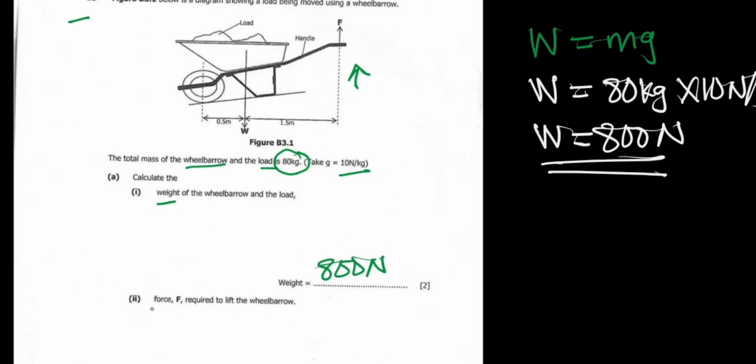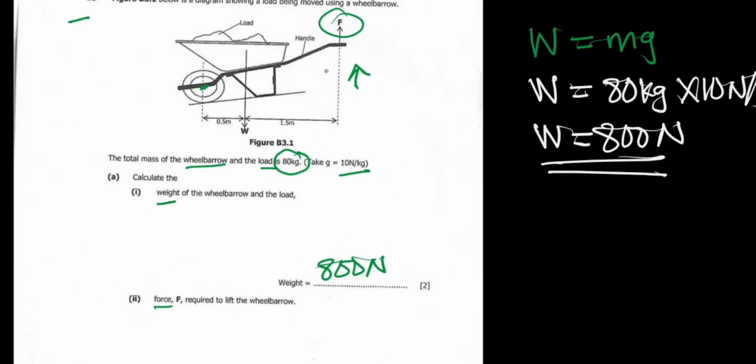Now the next question is to calculate also the force, F, required to lift the wheelbarrow. So that is the effort that you are trying to find. So how do you find this particular force? For you to lift this wheelbarrow, notice that there is a pivot here in the wheel of the wheelbarrow.